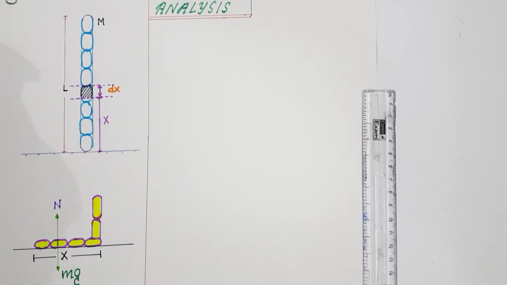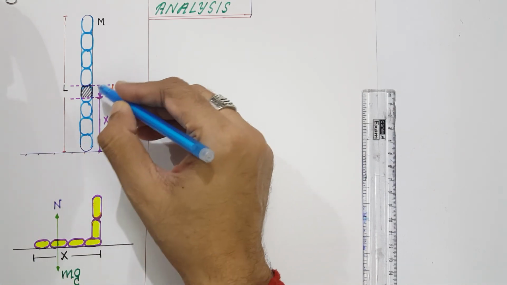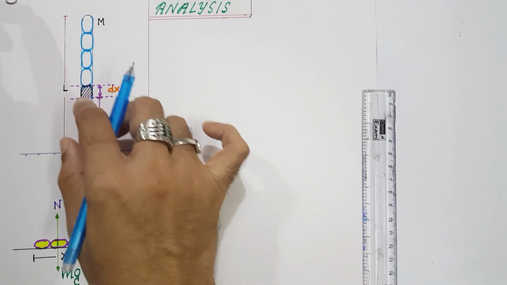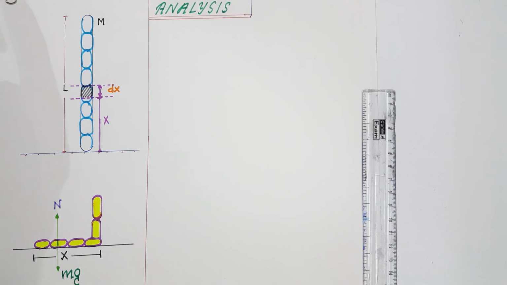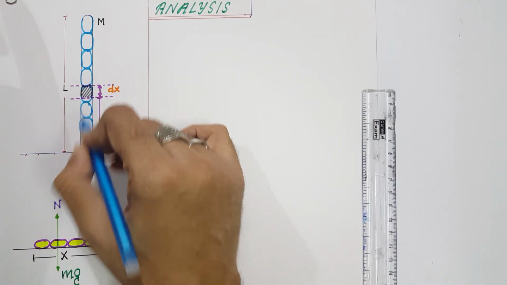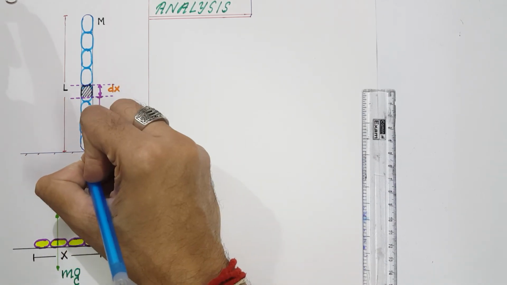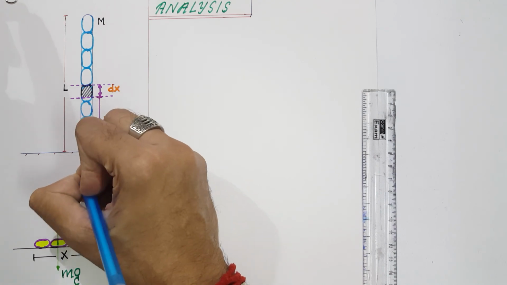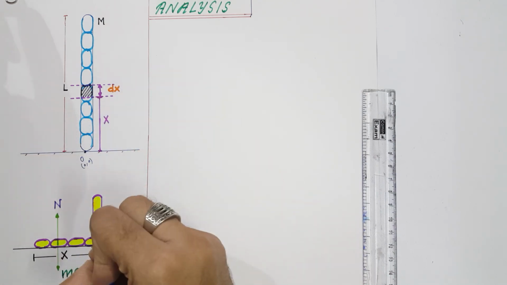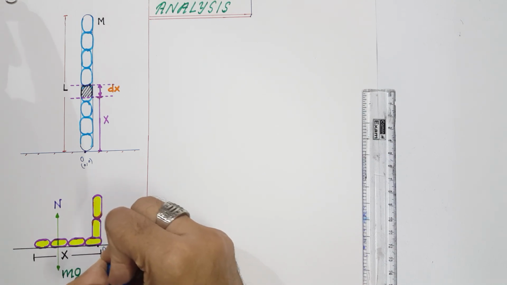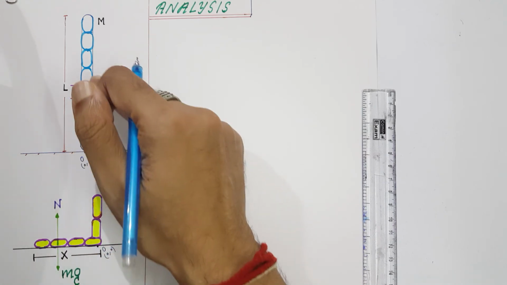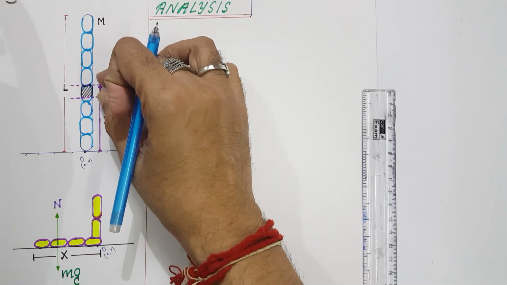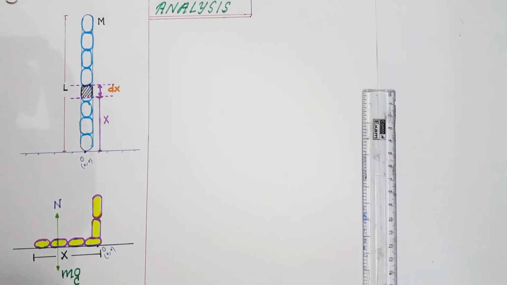Now, first and foremost, in order to analyze this problem, you consider a small elementary part whose length is dx at a distance x from the bottommost point where the chain is touching the floor. If I call this point O, which I am considering to be the origin, then at a distance x, I am considering a small element whose length is dx.